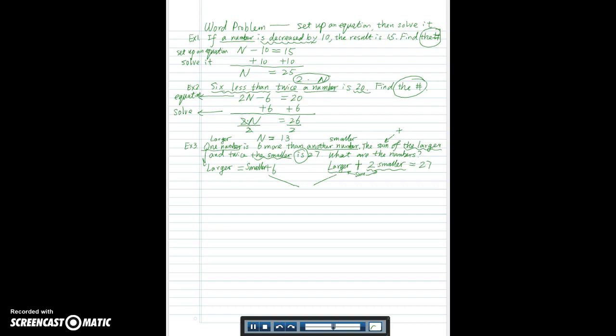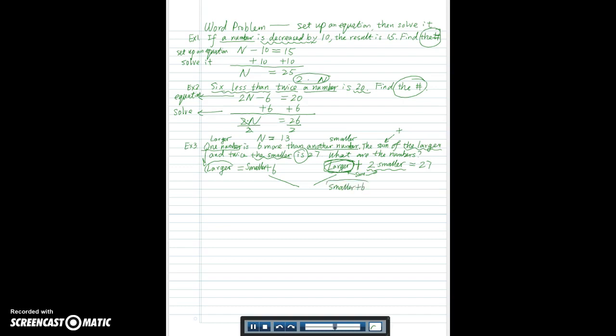From the first one, it tells us clearly the larger one can be written as the smaller plus 6. In other words, we get the larger one by adding 6 to the smaller. So the larger one in the second equation, the one circled right here, I'm going to get rid of it and replace it with smaller plus 6.